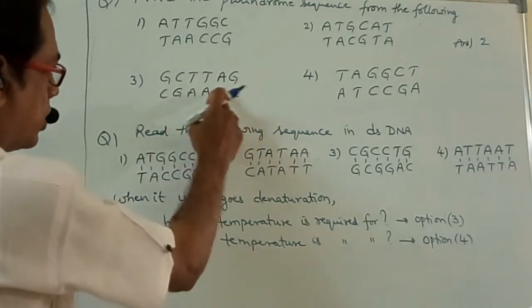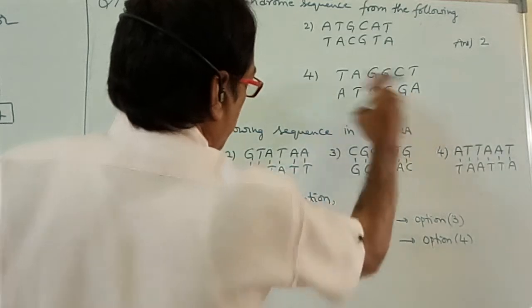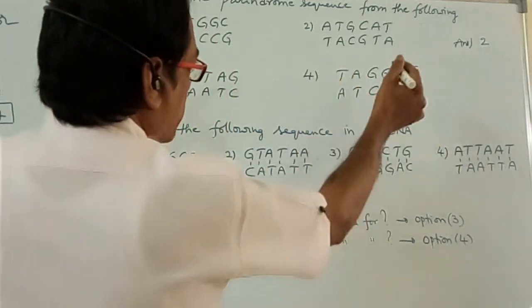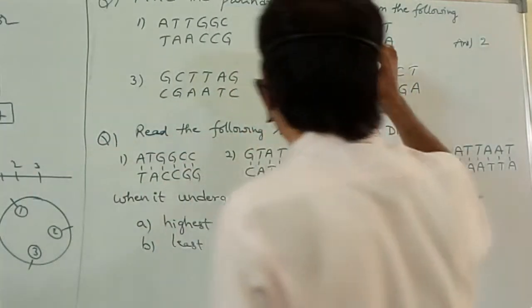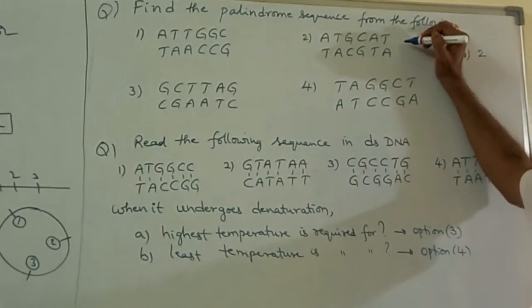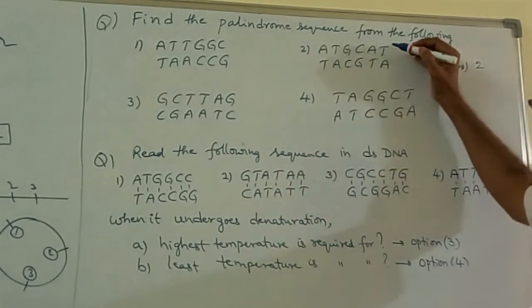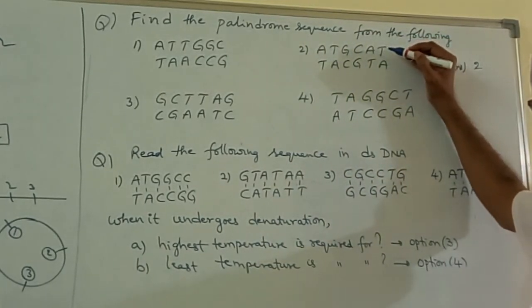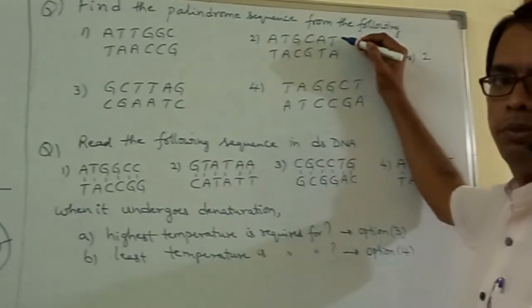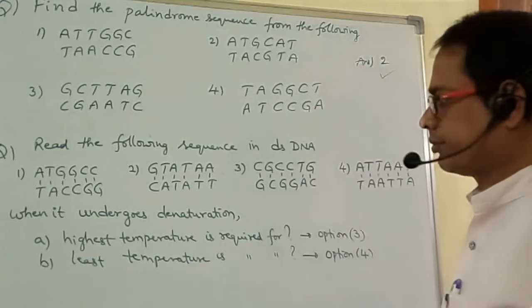GCT, TAG, GCT, not. TAG, GCT, TAG. So which one is a palindrome sequence? That is option 2. Palindrome sequence means we have to read both forward and backward directions, and the reading frame is the same. Right. That is option 2.